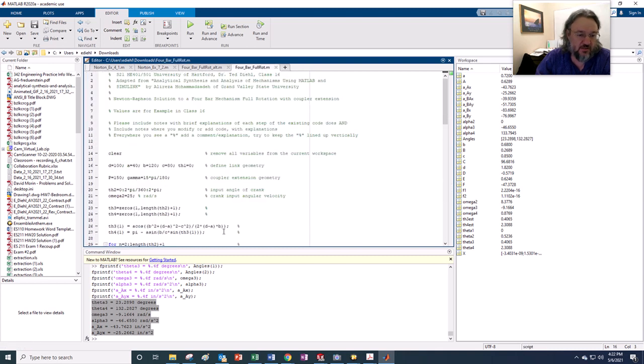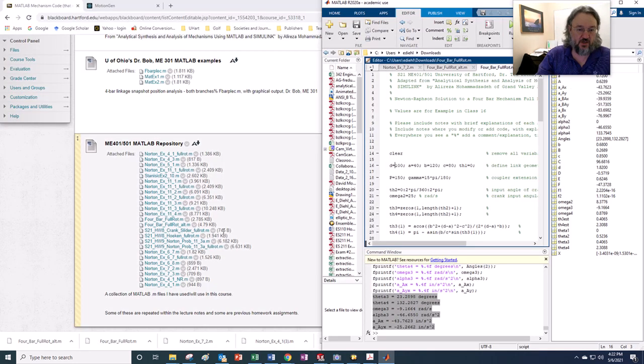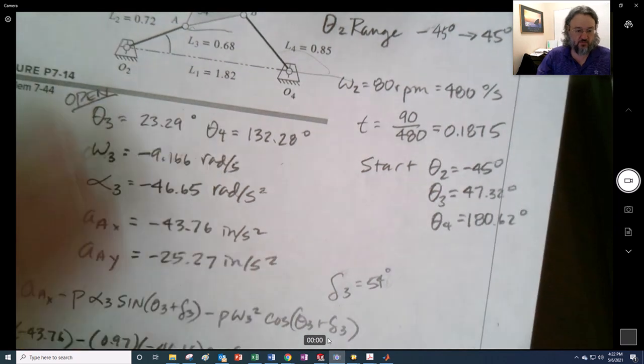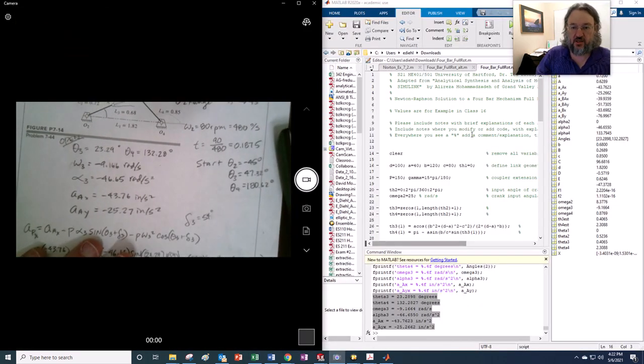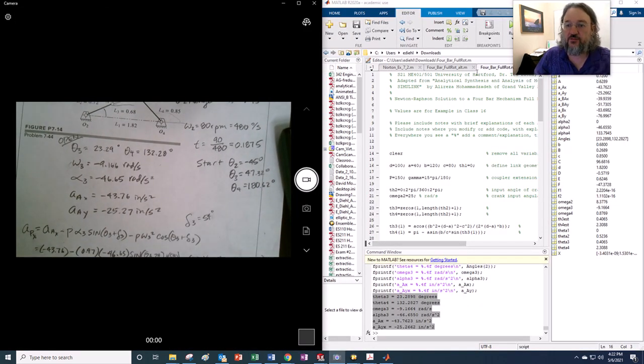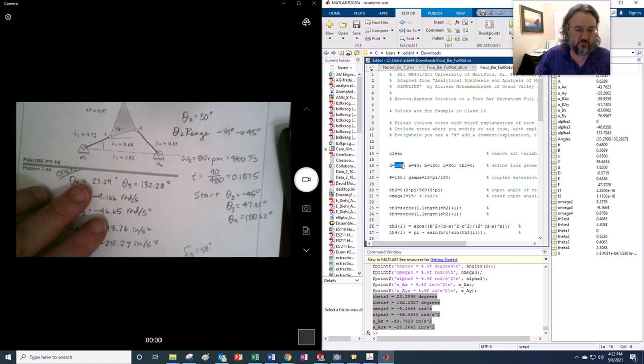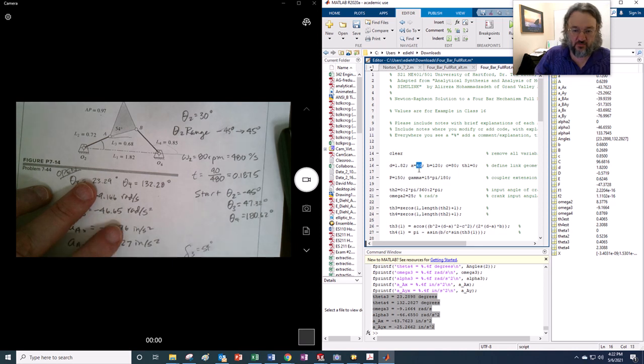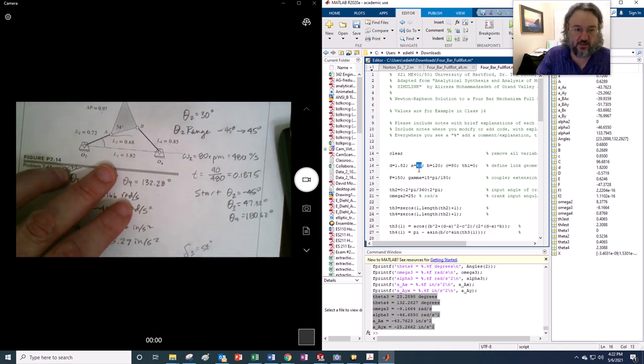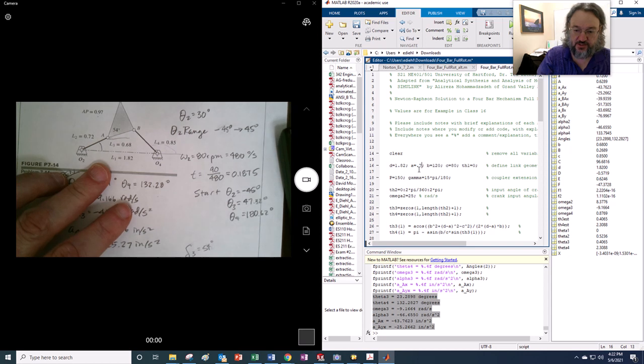So let's put in our numbers right here. So kaboom. Putting in our numbers for the full rot. D, 1.82. A is 0.72.